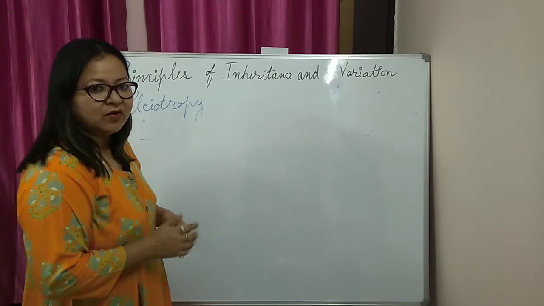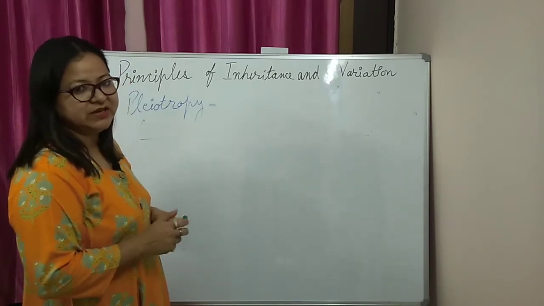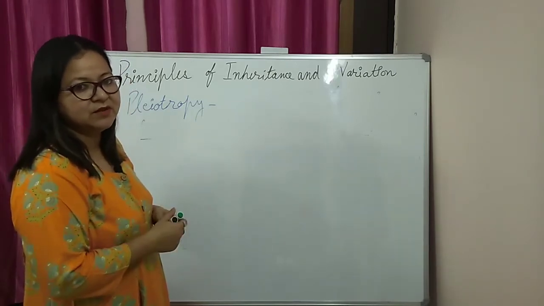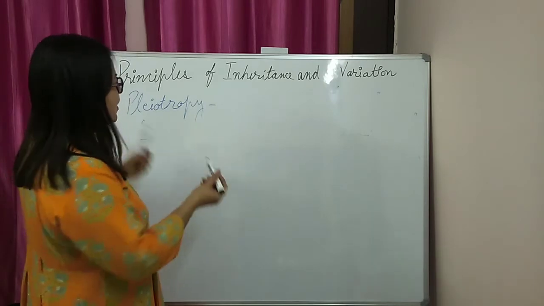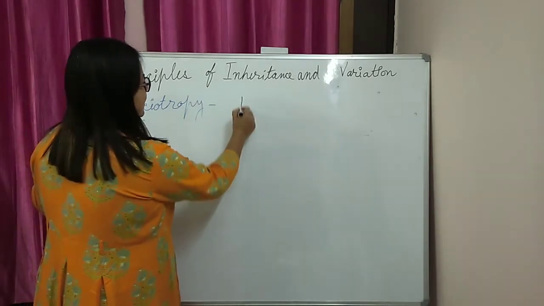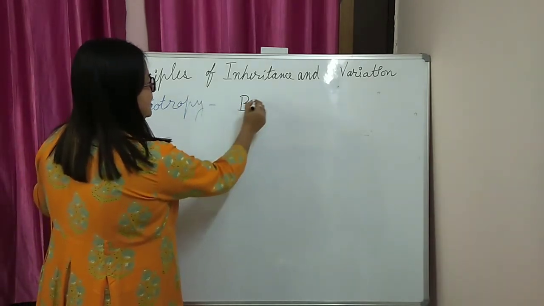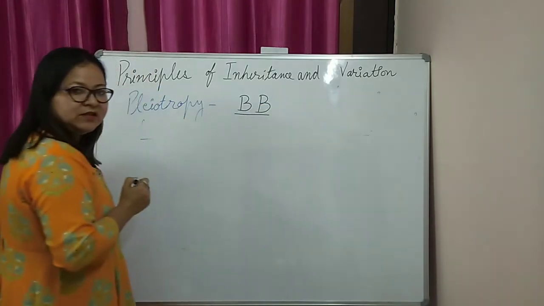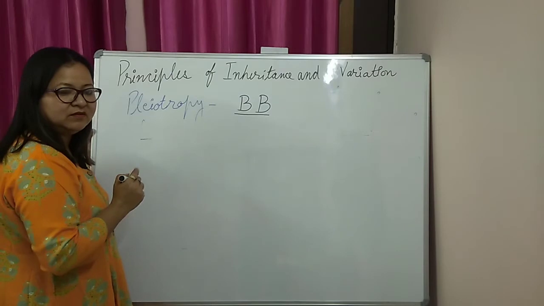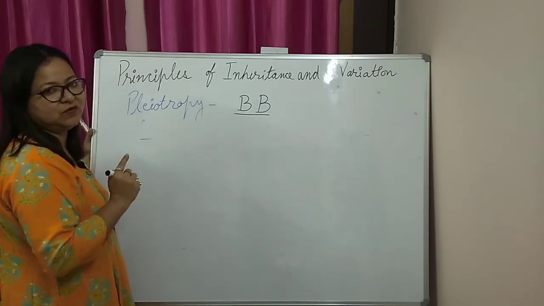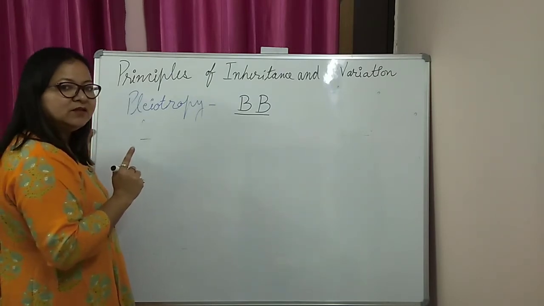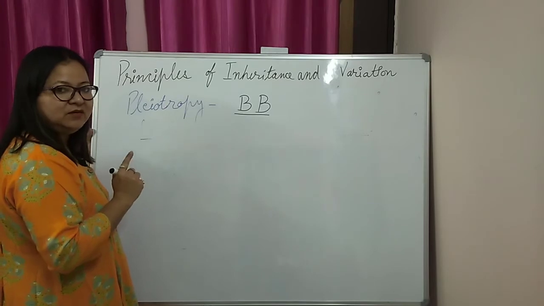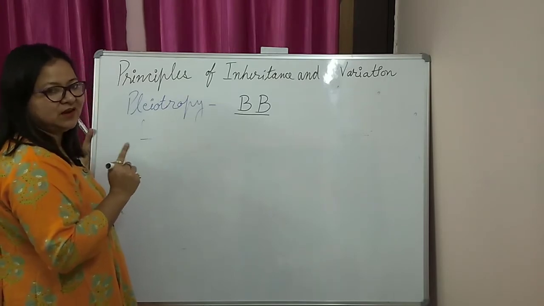Now we will talk about the gene that is responsible for the seed shape. Here we are using the genotype B and capital B. This is a single gene which expresses two phenotypes: one is the starch grain size formation and second the seed shape.